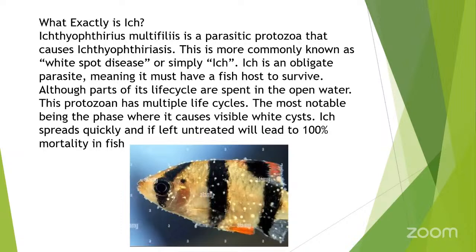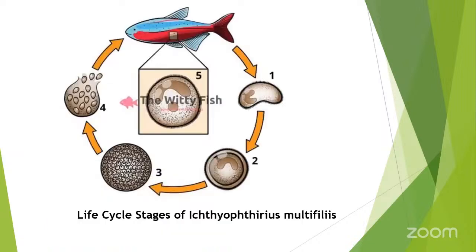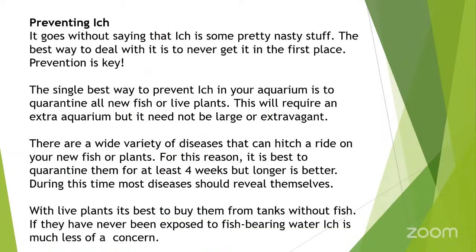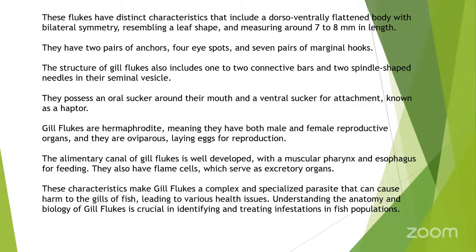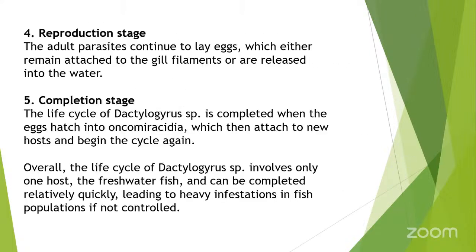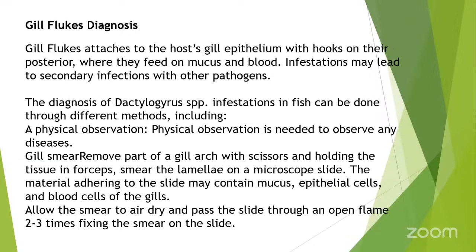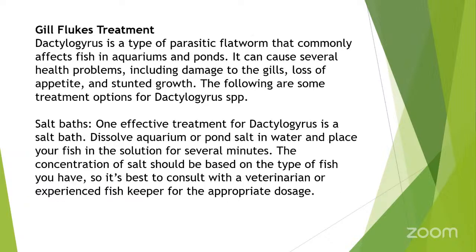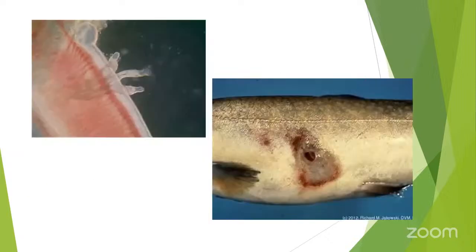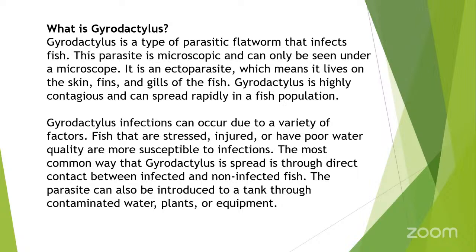Then write in detail about ichthyophthirius. Write in detail about Dactylogyrus: the symptoms, preventive measures, diagnosis, the life cycle, and the treatment. Then write in detail about Gyrodactylus.